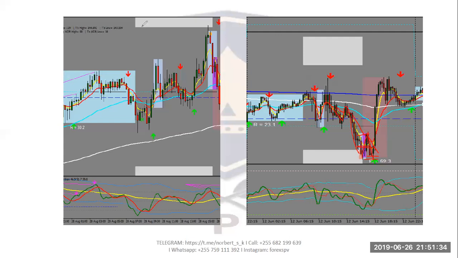So a good M, a good W has 7 candles. And this is the 15-minute chart. So how do we count the candles? This is the first candle. The first, the second, the third, the fourth, the fifth, the sixth, and here the seventh.